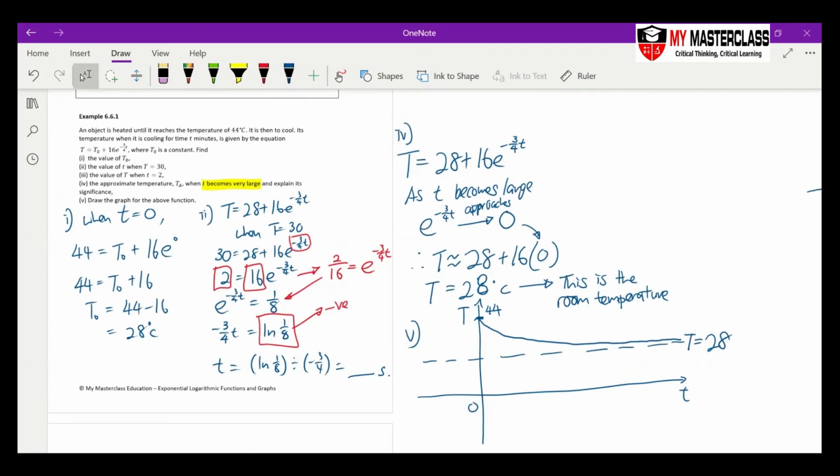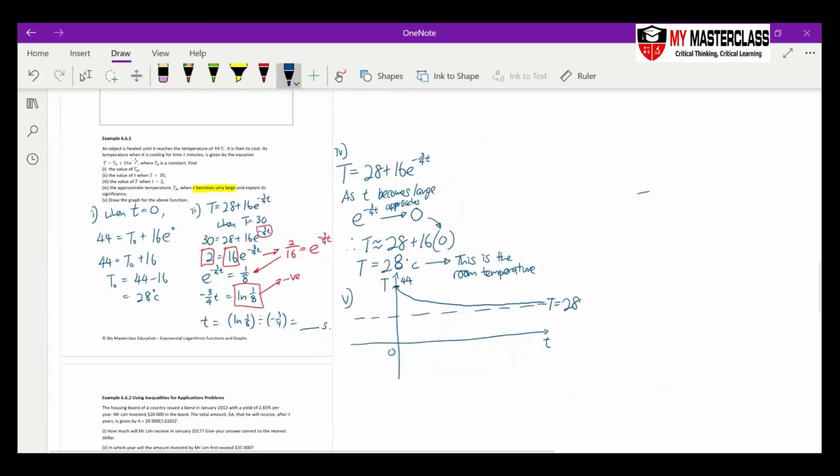Sometimes they may not ask you to show what happens when t becomes very large. Another way of asking is, explain why T will never exceed 28 degrees.